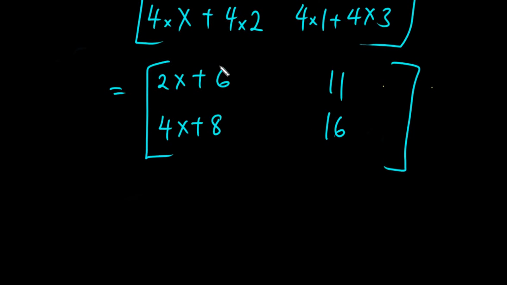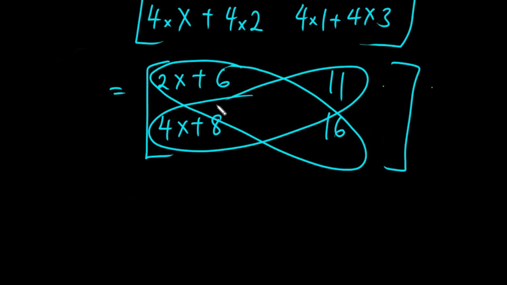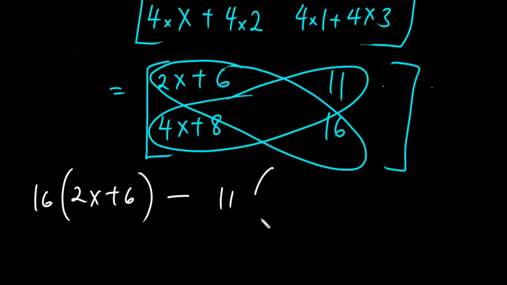The determinant of a 2 by 2 matrix is found by getting the product of the main diagonal and then subtracting the product of the other diagonal. So it's 16 multiplied by 2x plus 6, and then we subtract 11 times 4x plus 8.